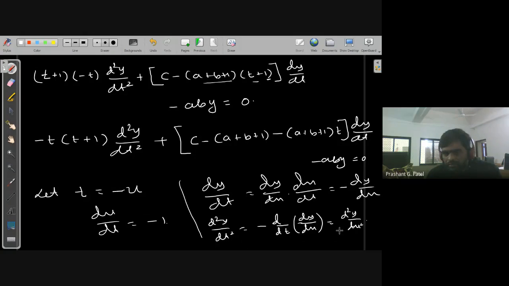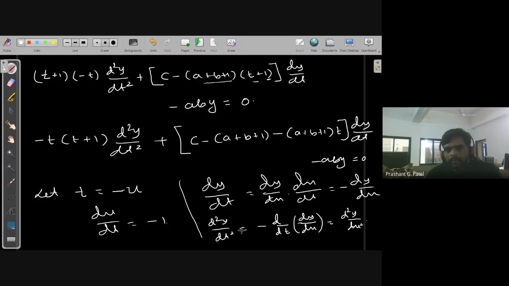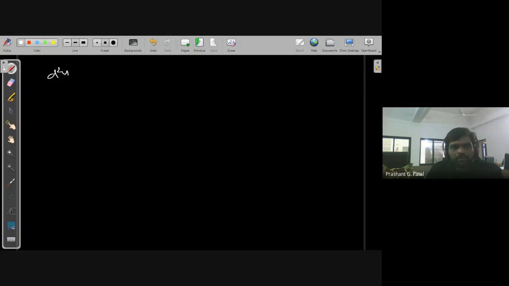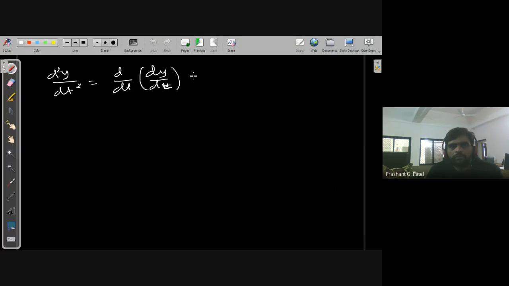Have you understood this? If not, then I will do the calculation. See, d square y by dt square is d by dt of dy by dt, but dy by dt, in the previous slide, is minus of dy by du, so that is d by dt of minus of dy by du.